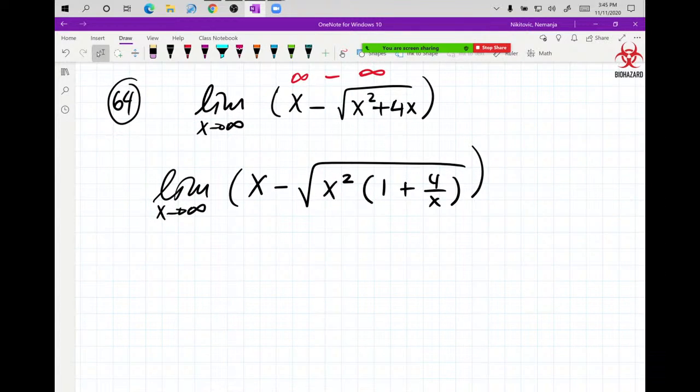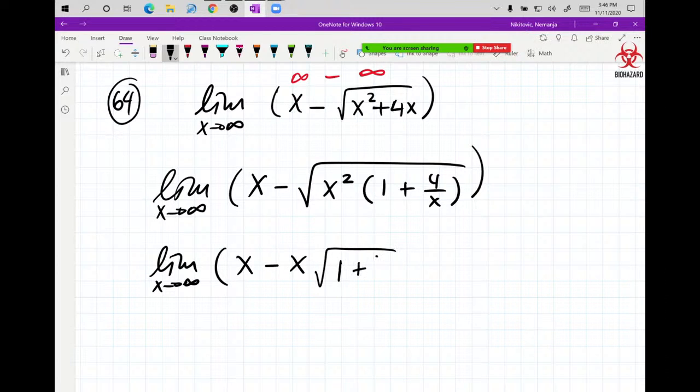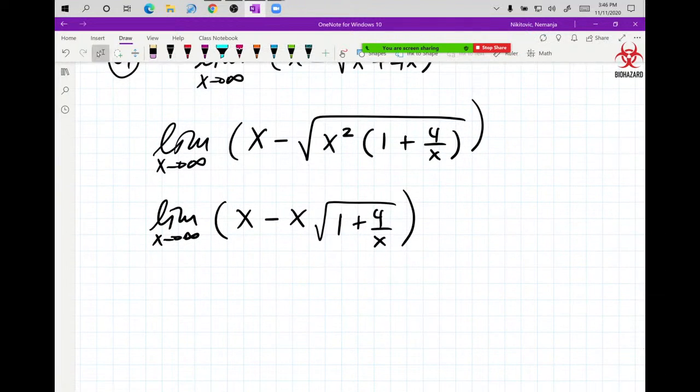So we factor out x squared because we know what we need, right? We need the x in front of the root, which means we need x squared in the root, so it can come out as a single x. So limit x goes to infinity, and then we have x minus x square root of 1 plus 4 over x. And there we go.